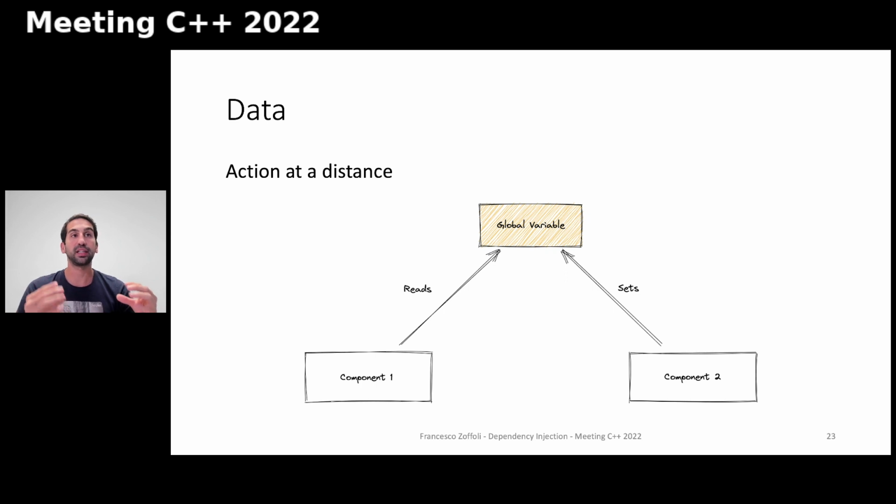And this makes it very hard to evolve the two components. And it's actually very hard to reason about as well, because to know whether component 1 has a hidden dependency on component 2 and vice versa, you need to look at the global code about everything that's shared. The moment the data is constant, this kind of coupling cannot appear, and it guarantees the independence of the components unless they have an explicit dependency between them.